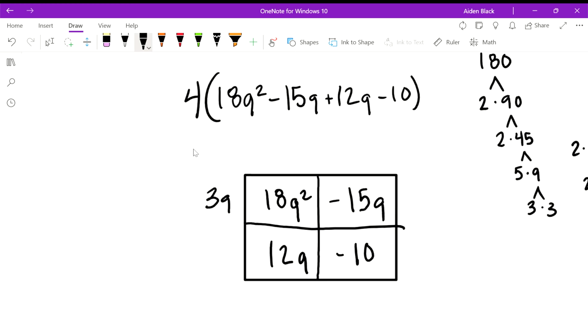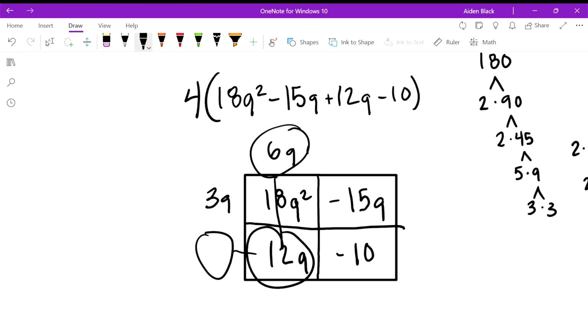So 3 times 6, keep that q. Now if I want this value, I can grab the GCF from this row, or I can think, 6q times what equals 12q. Oh, that's easy, right? That's just 2.